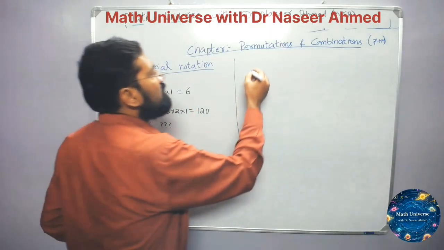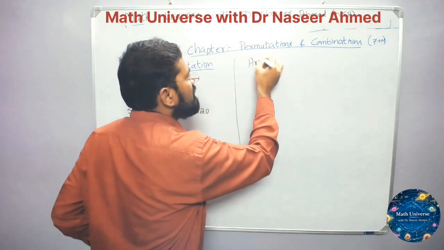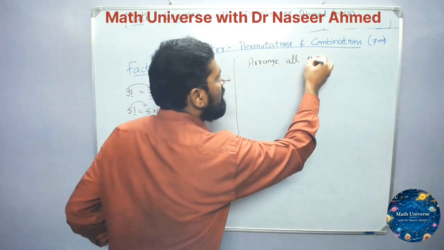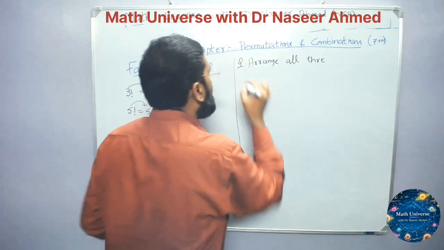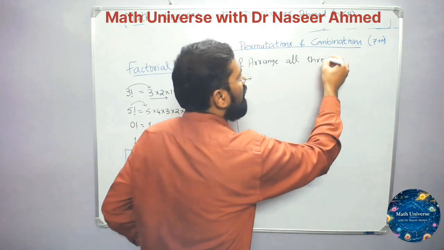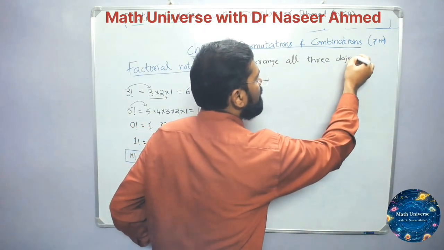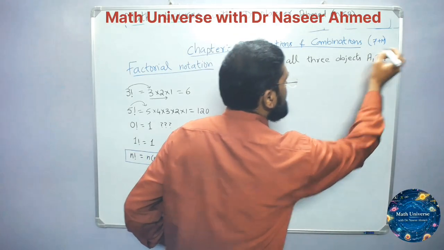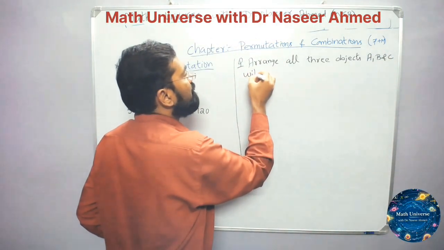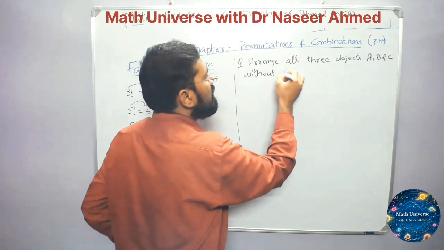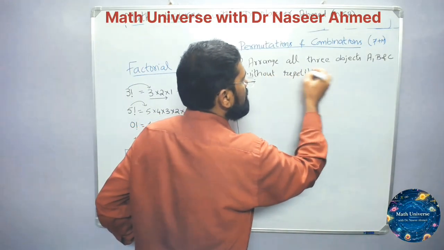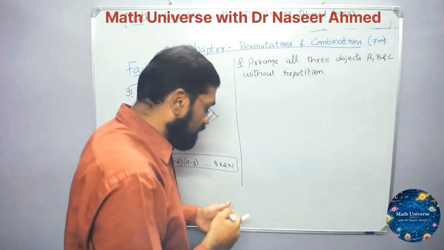The question is: arrange all 3 objects A, B and C without repetition. We have to arrange all these without repetition.